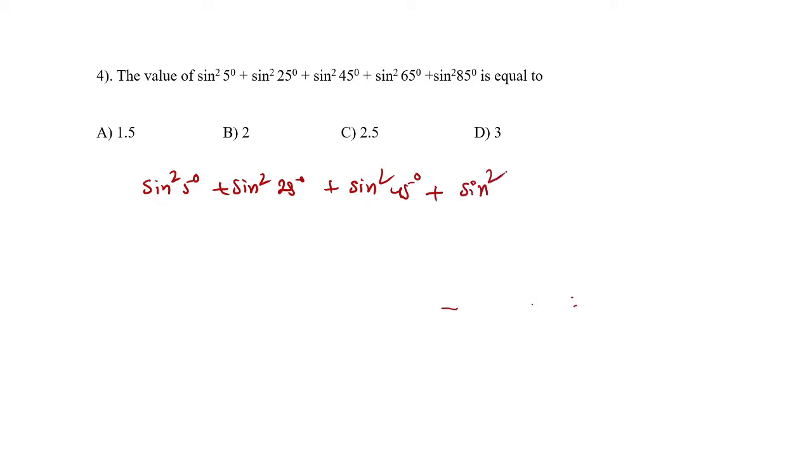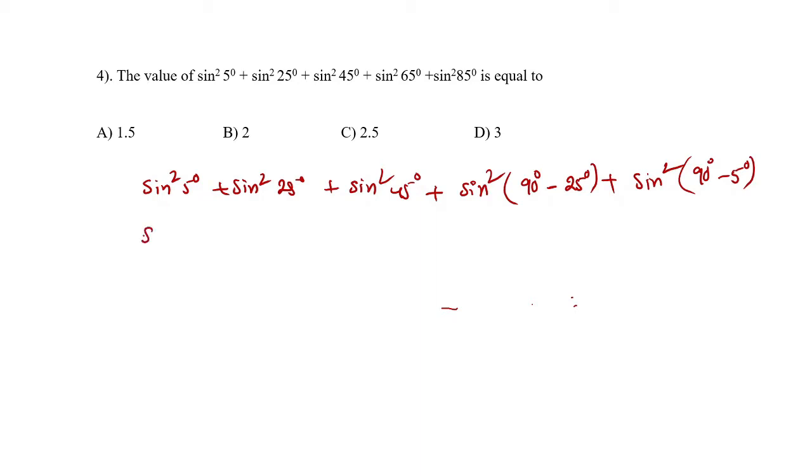I want to write 65 degrees as 90 degrees minus 25 degrees. Yes or no? 90 degrees minus 25 degrees means 65. And sine square 85 degrees is 90 degrees minus 5 degrees, that is equal to 85 degrees only.